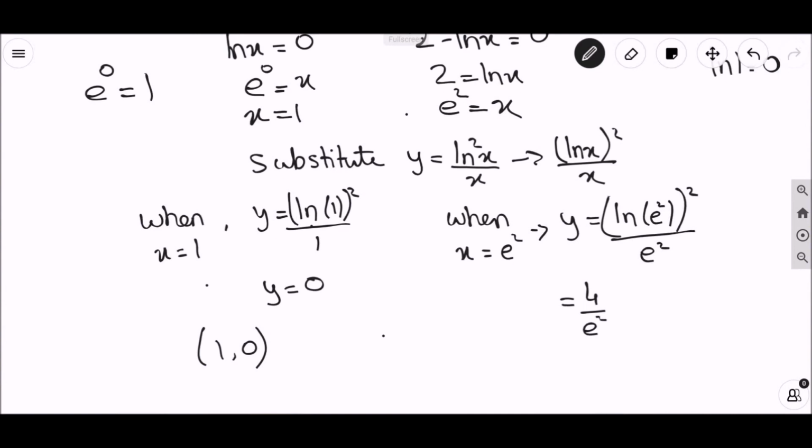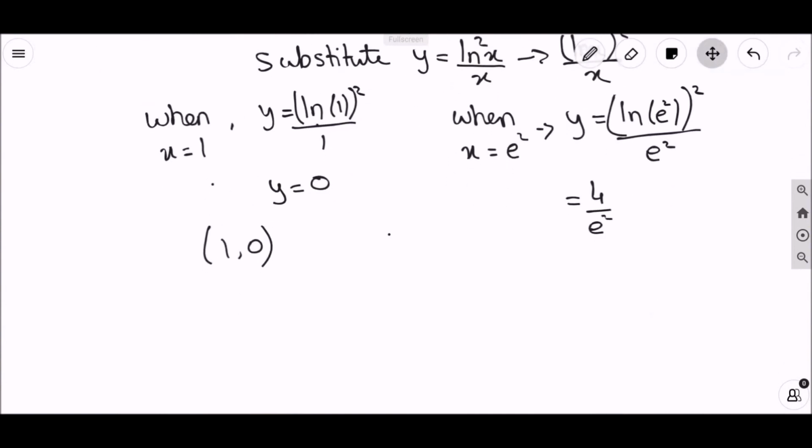You can use the calculator to find out the answers. We can write the same thing as 4e to the power minus 2. So it will become e squared and 4e to the power minus 2. So these are the coordinates of the stationary points.